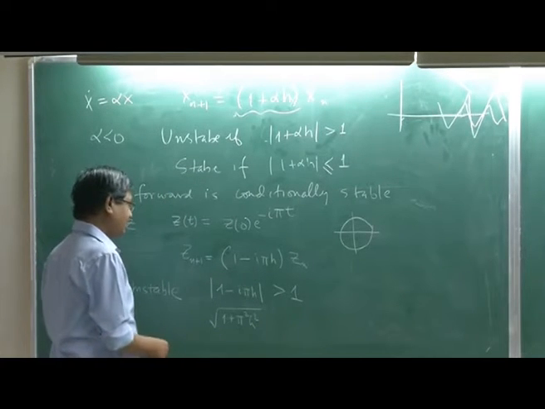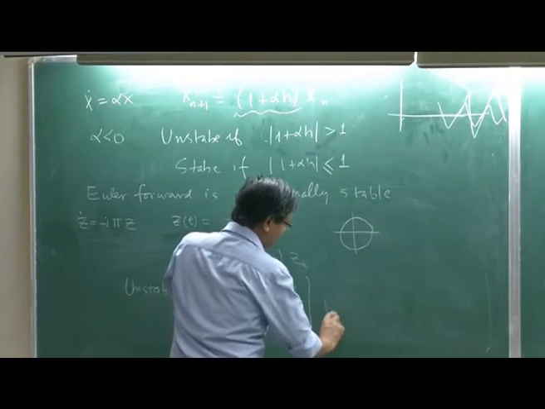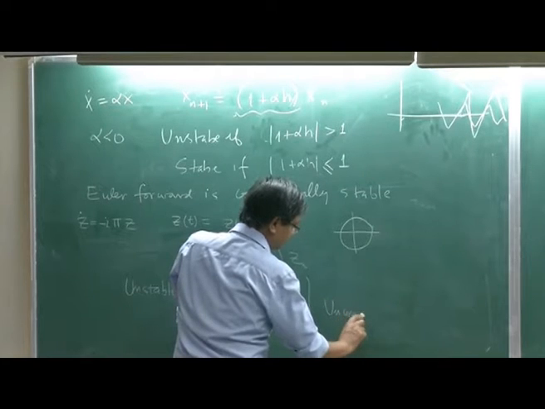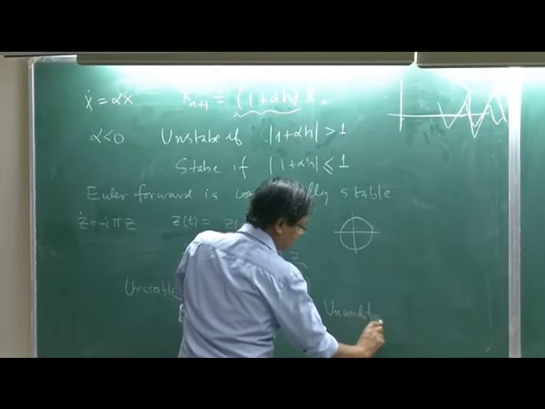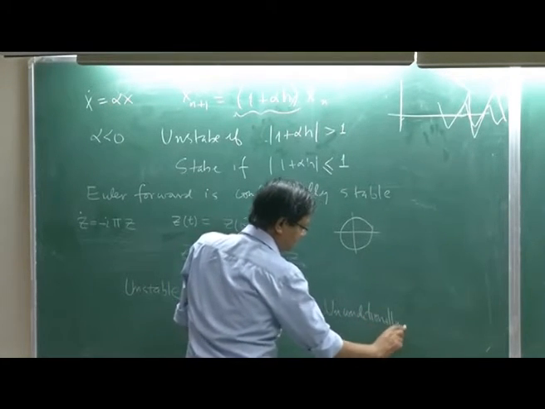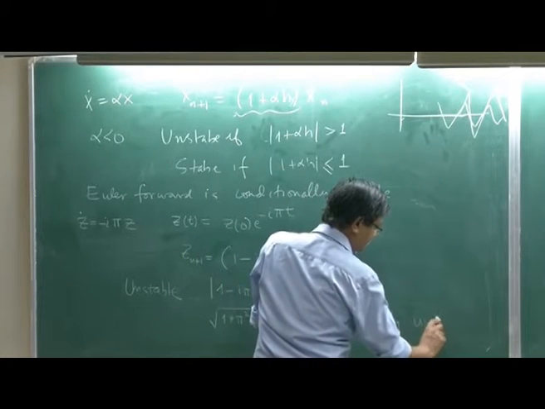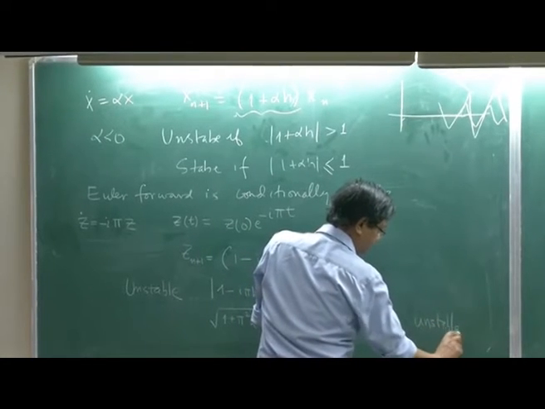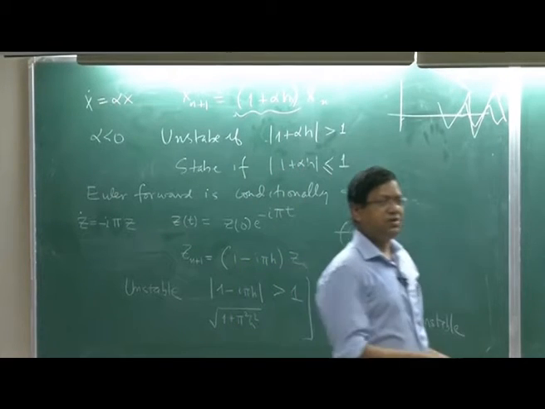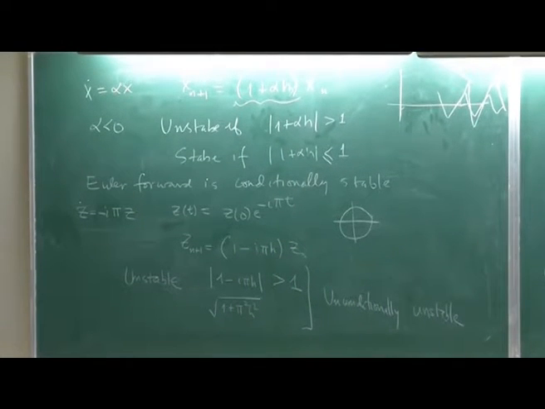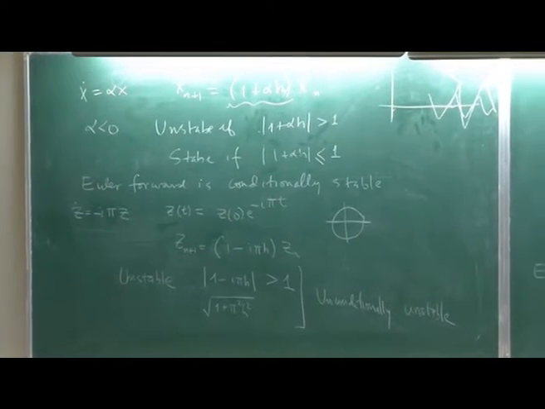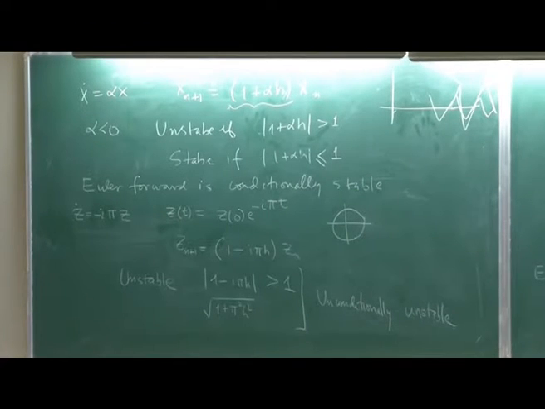So the system is unconditionally unstable. So it is a problem with the Euler scheme. For whatever h I choose, my system will grow. So I will illustrate all this numerically in the next class, but this is bad news. That is why Euler scheme is not a good scheme.